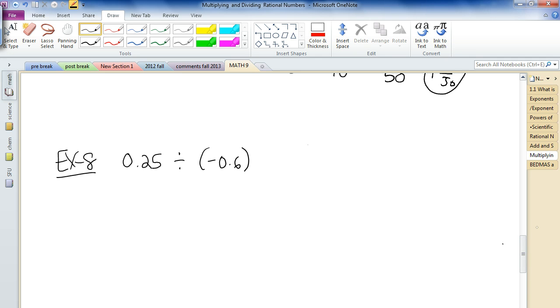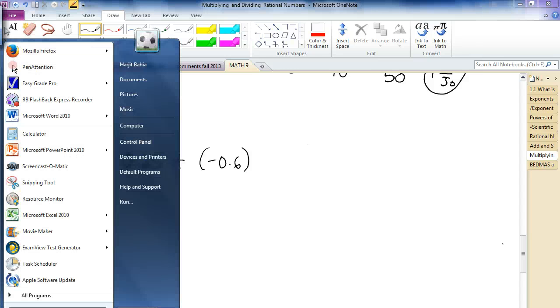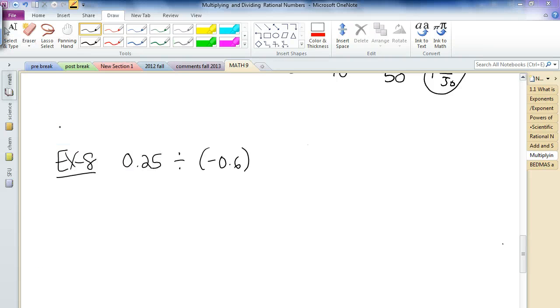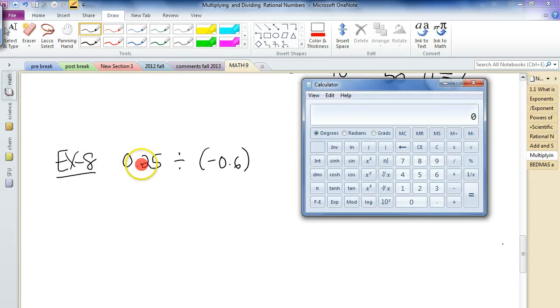Okay. Now dividing decimals. Everyone loves to divide decimals, but again, I want to use a calculator. So just punch it in exactly as you see it. There's no trick here. 0.25 divided by negative 0.6.